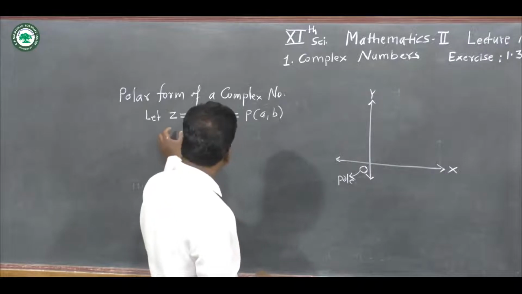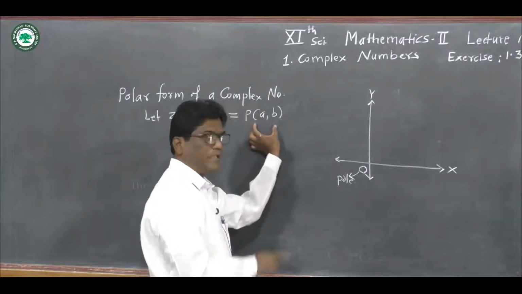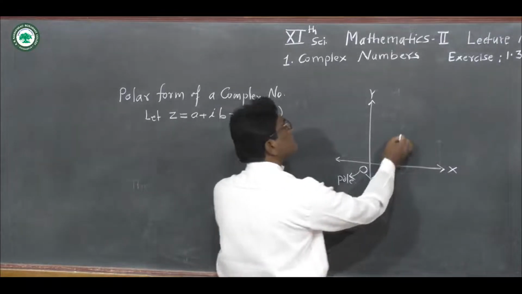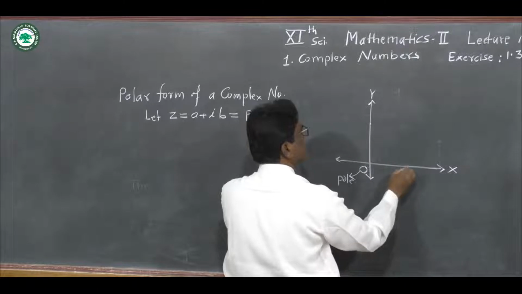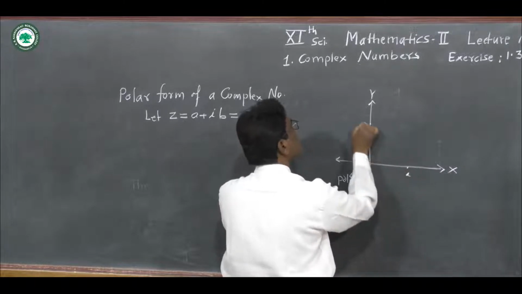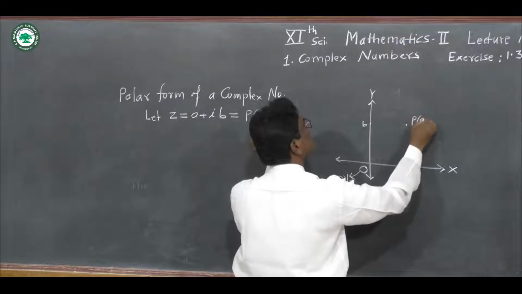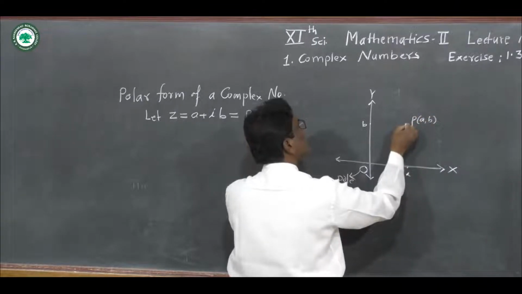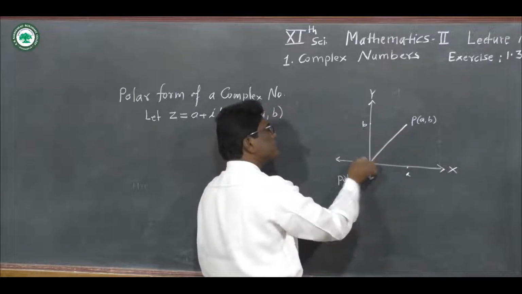Now z is equal to a plus ib is represented by the ordered pair (a, b) in the plane. Suppose here a and here b, and so the point is P(a, b). Join this point P to O, we get OP.